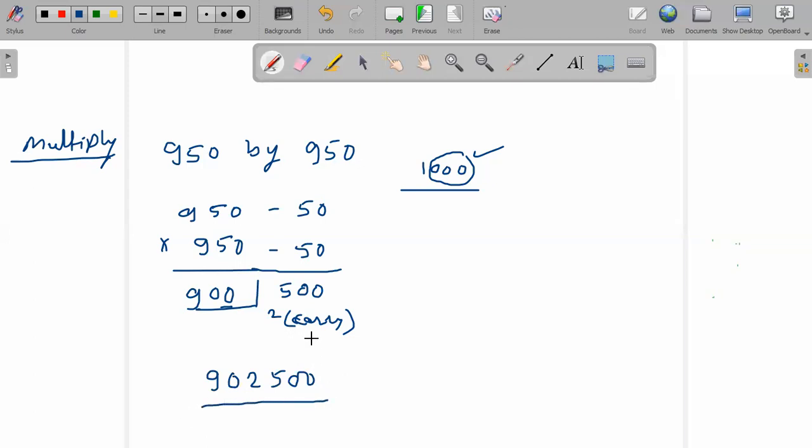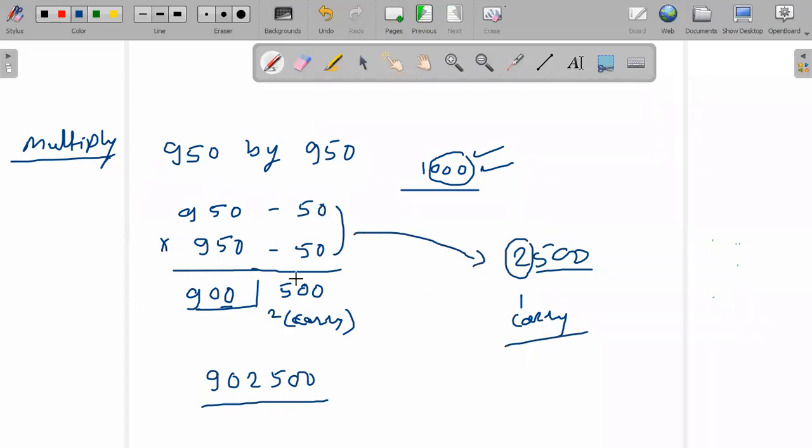So this is the answer. When you get a number of digits greater than the number of zeros in the base, you have to take the remaining digits as a carry. Here 2500 was there. 3 digits are here, so this 2 will be a carry, because the multiplication of these two is this one.